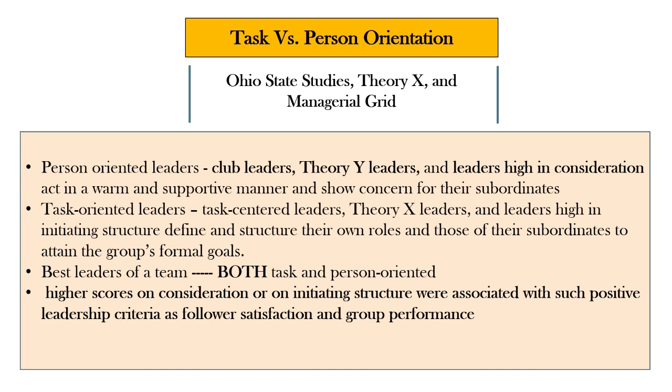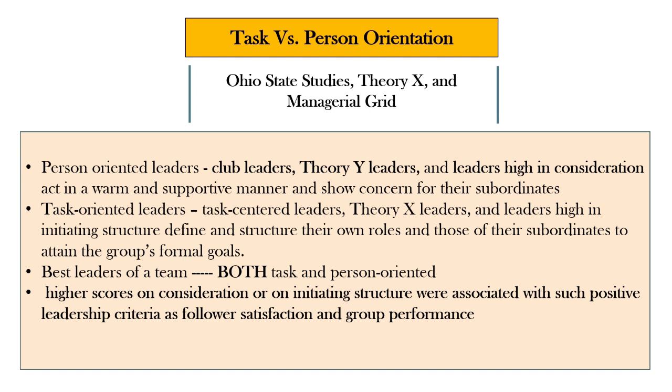The best leaders of a team are both task and person-oriented, whereas the worst, impoverished leaders, are neither task nor person-oriented. Some leaders may be in the middle of the road, with moderate amounts of both orientations. Higher scorers on consideration or on initiating structure were associated with such positive leadership criteria as follower satisfaction and group performance.